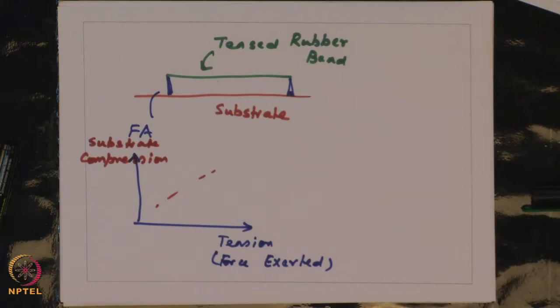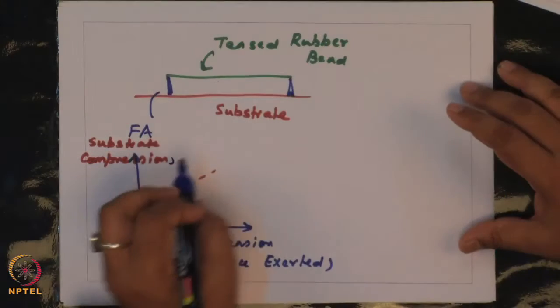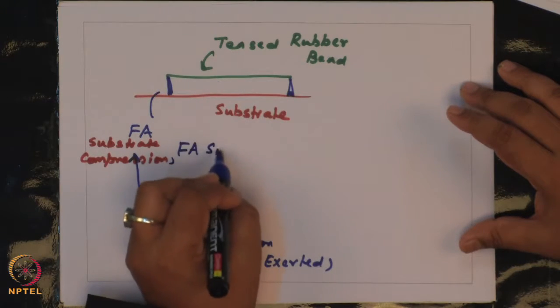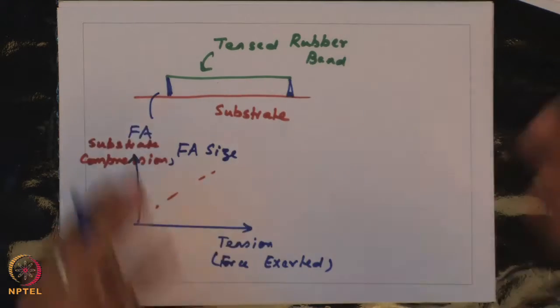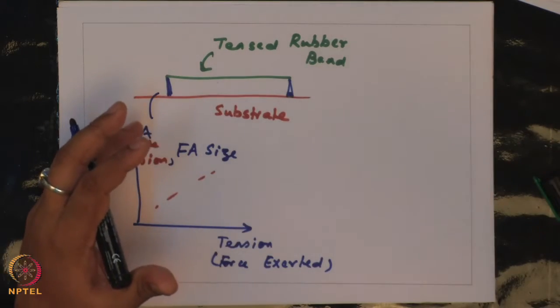So, the more the tension, and if the focal adhesions are stabilized, then the substrate will get compressed, and not just substrate compression, along with this the FA size will also increase. So, that is how this entire system is stabilized. So, increase in tension allows stabilization of focal adhesions, the entire structure gets stabilized, and the forces get transmitted from the cell to the substrate. So, that is why you get increased substrate compression.